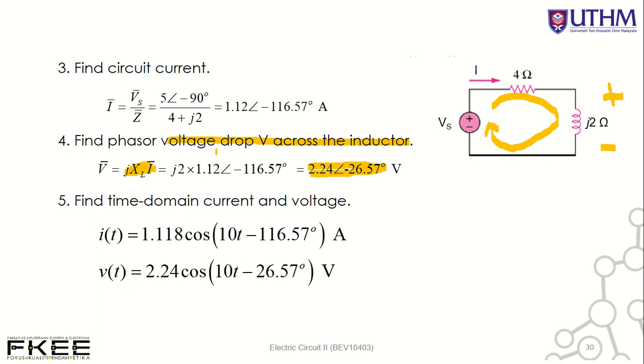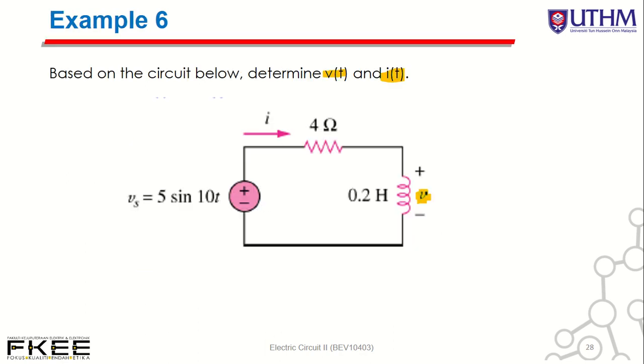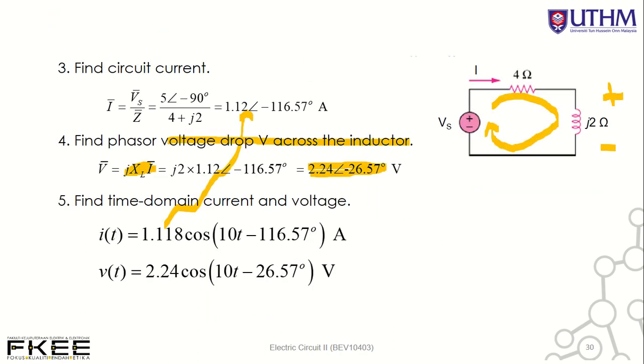This is the current, 1.12 cos, omega equal to 10. Omega is 10, and then this is an angle. Similarly for voltage, this is a magnitude and this is the angle. So you can get your IT and VT, voltage and current, in the time domain.